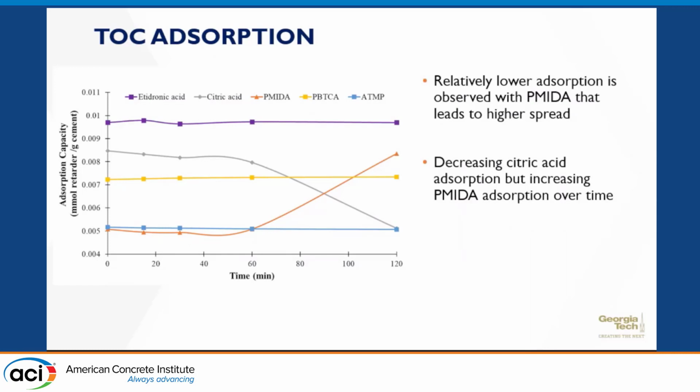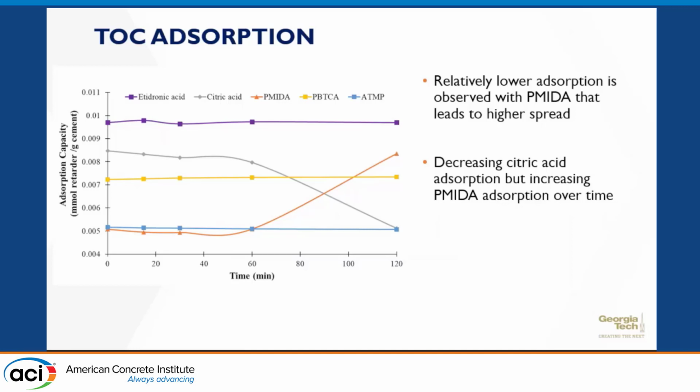To understand the adsorption kinetics, we did total organic carbon adsorption measurements. On the y-axis of this figure you have the adsorption capacity, and on the x-axis, we have time, so the measurements are taken at different periods. What I want you to notice is that PMIDA, which showed the best mini-slump retention in our experiments, had the lowest adsorption in the beginning.